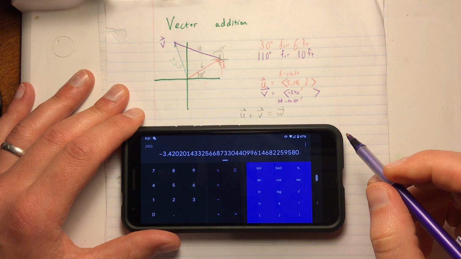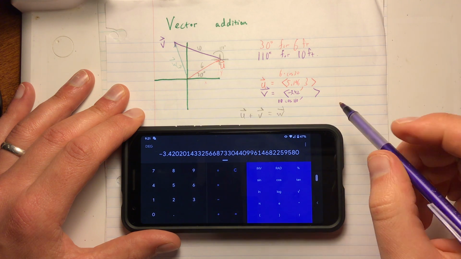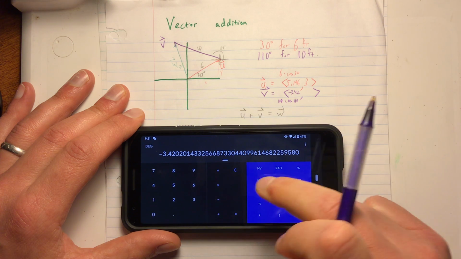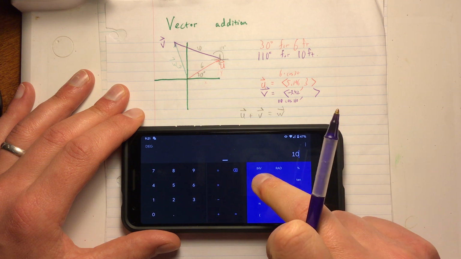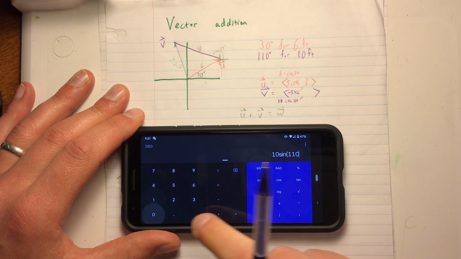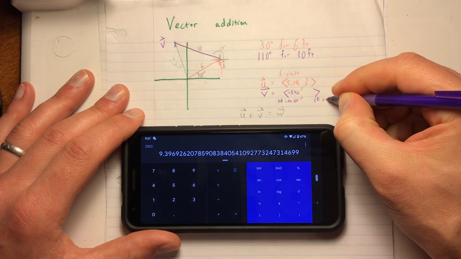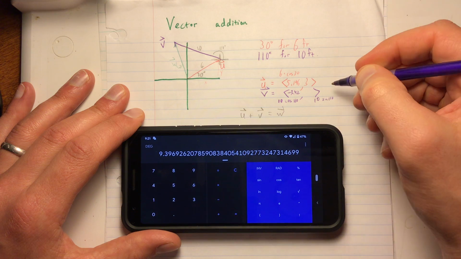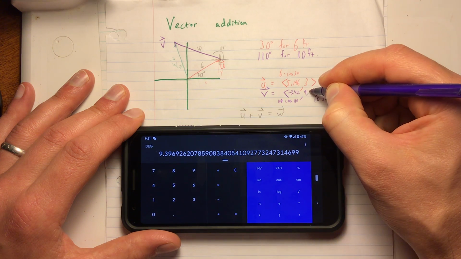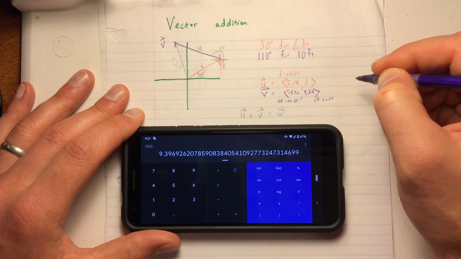Okay, and then we're going to do 10 times the sine of 110. And we get 9.39.